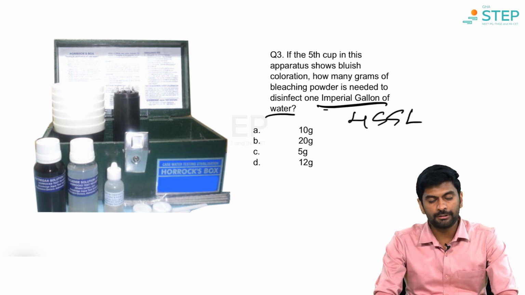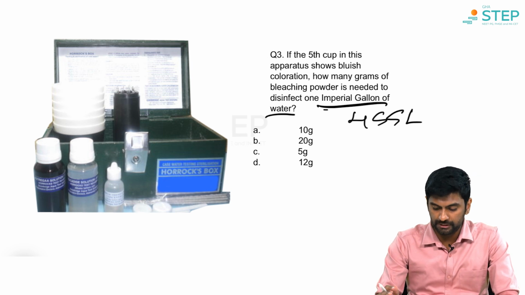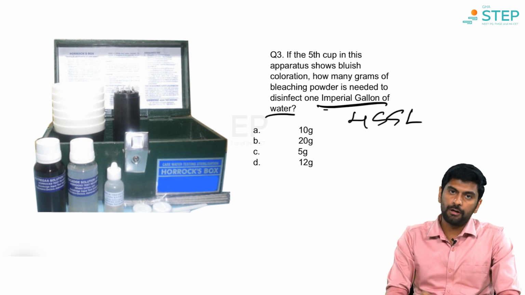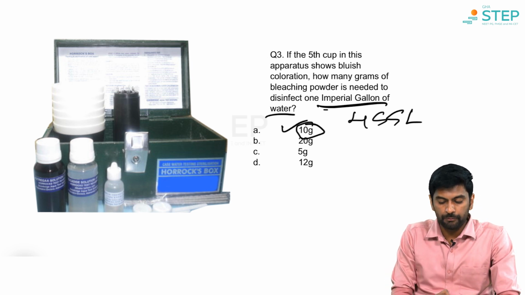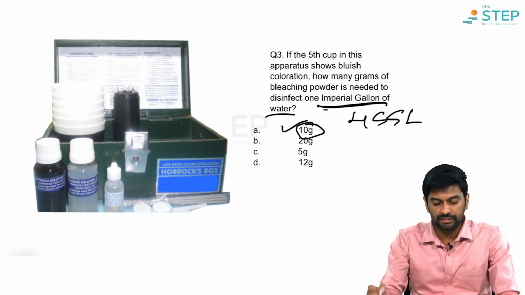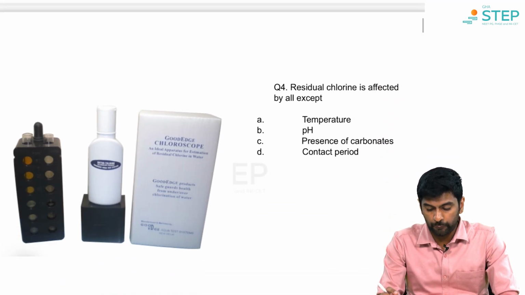This is just a term that they might use to confuse, but the total grams of bleaching powder which you need in this case would be the fifth cup into 2 grams, which would equate to 10 grams. So option A would be the correct answer here, wherein you would need 10 grams to disinfect this specific imperial gallon of water.